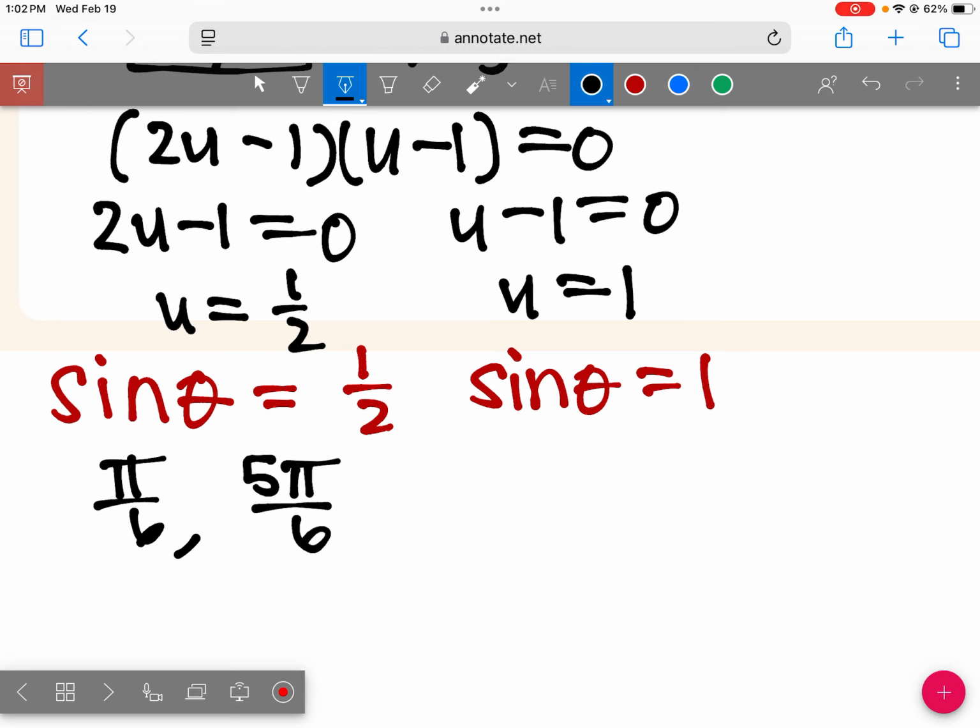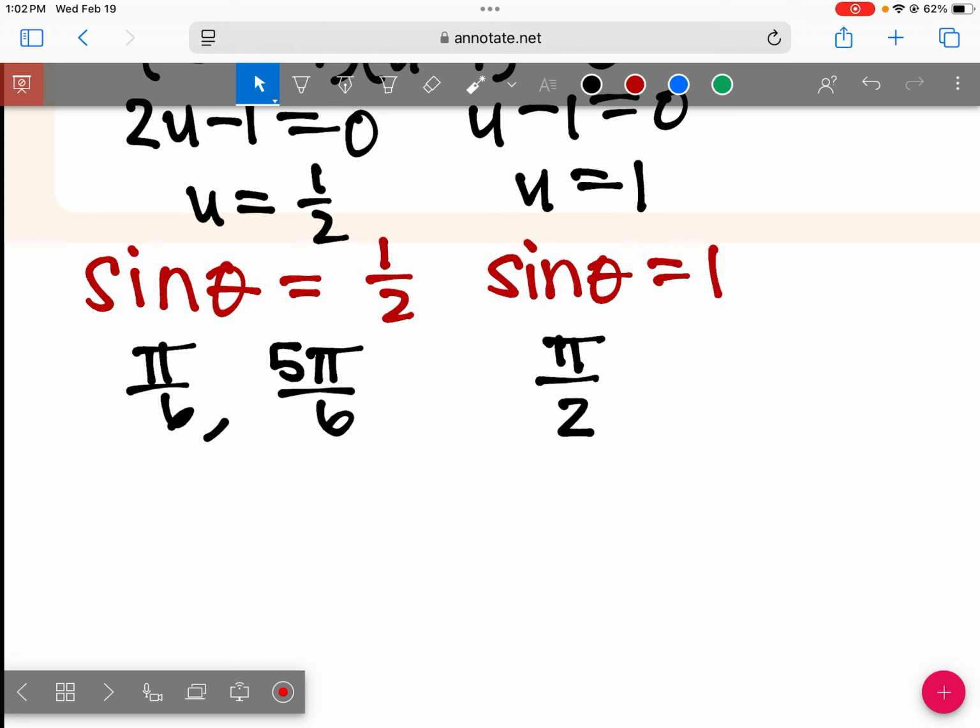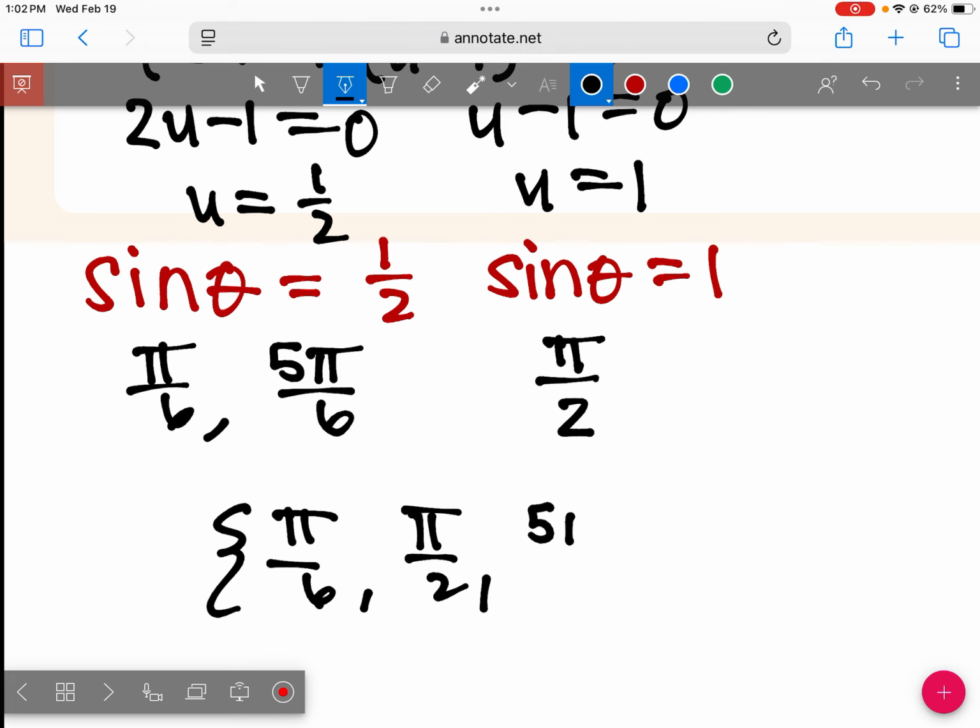And where does sine equal 1? Pi over 2. So now if I rewrite this in the order that they appear, we get pi 6, pi halves, and 5 pi 6.